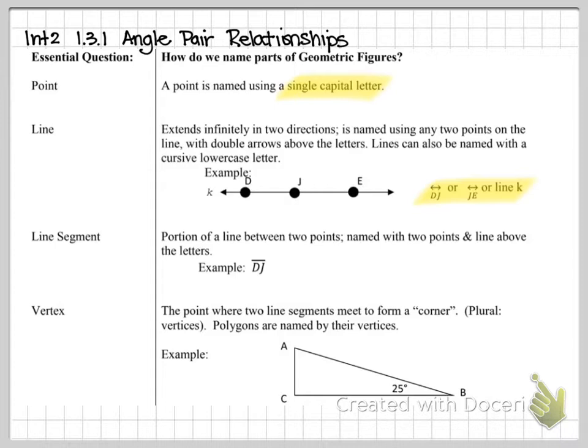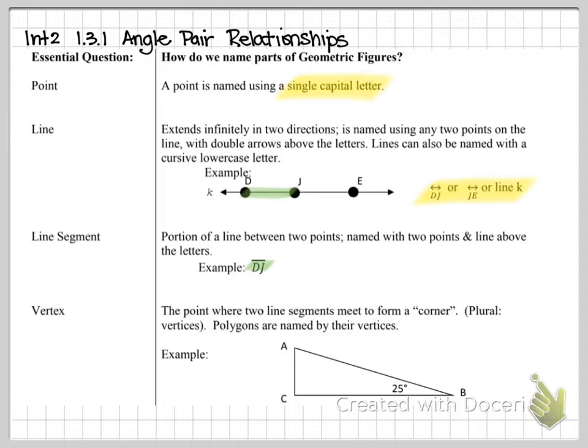A line segment itself has a clear beginning and a clear ending. So I'm going to highlight these a little bit differently because I want to use the previous picture. If we have line segment DJ, that strictly has a beginning of D and an end of J, just so you know. And then we also have a vertex, and a vertex can be seen as a corner.